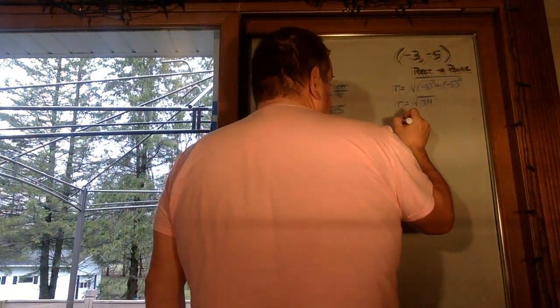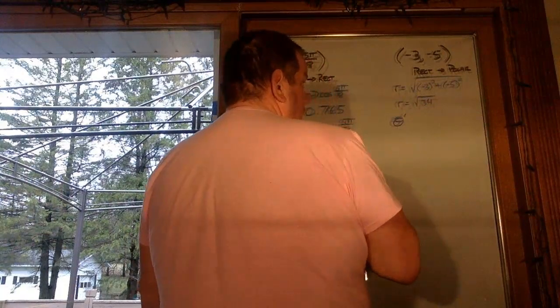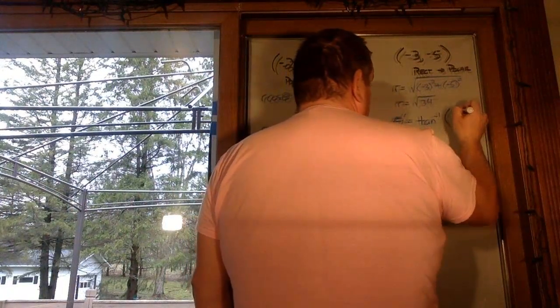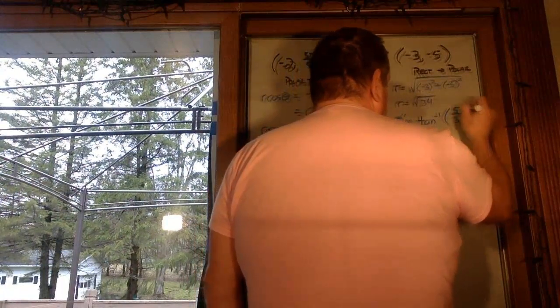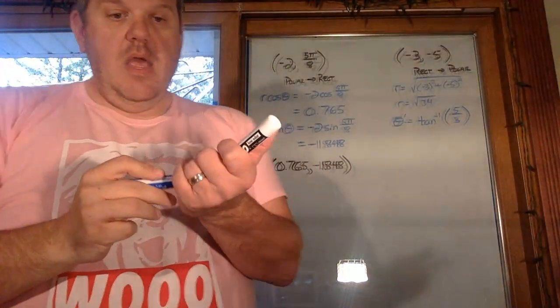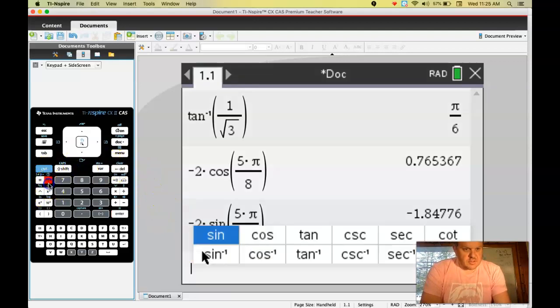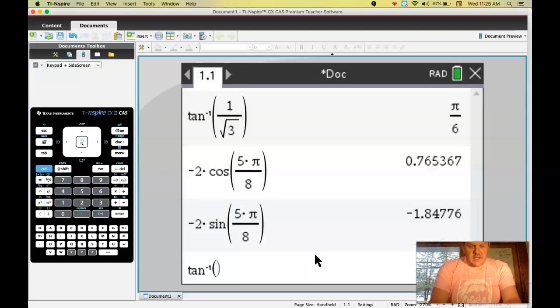Then I need to find my reference angle, theta prime. That's going to be the inverse tangent of 5 divided by 3. Okay. Again, now we'll have to go to our calculators, and we'll have to go inverse tangent of 5 divided by 3.